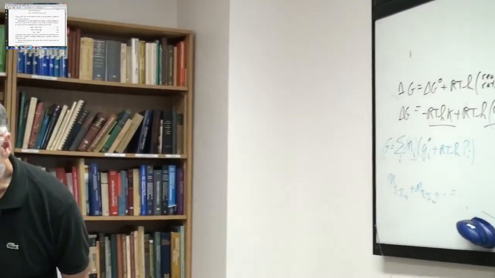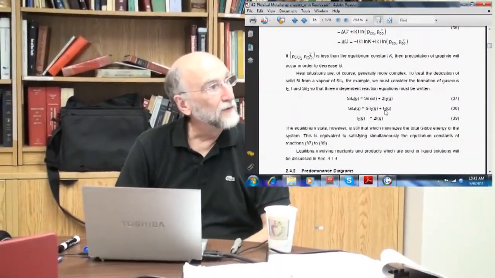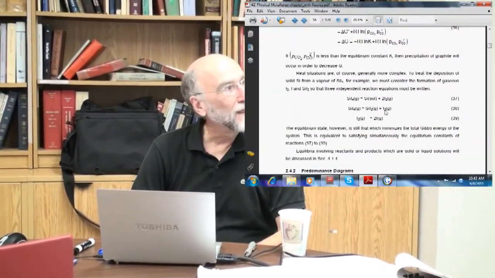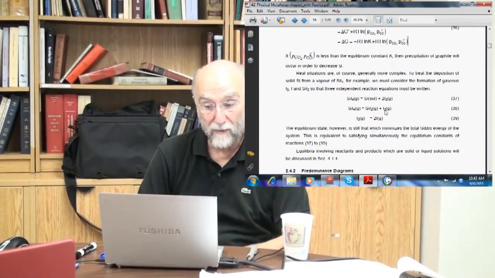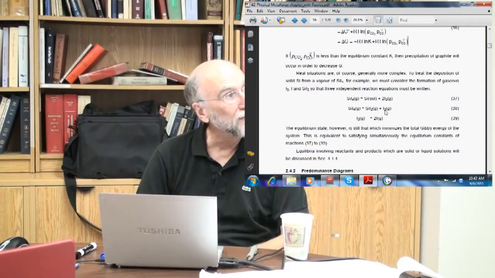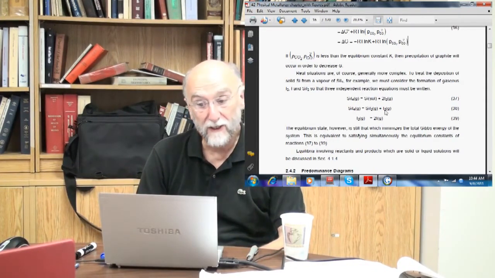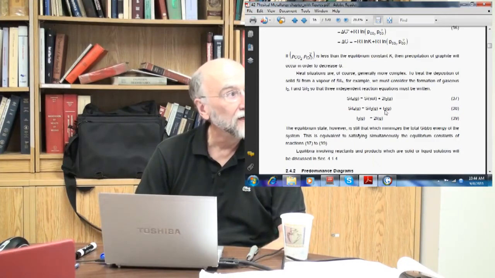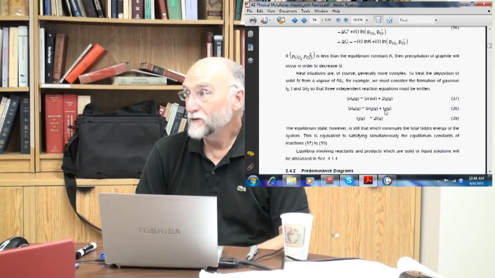In the old way you would write out all the equilibrium constants and solve them to find the overall equilibrium, or you can minimize the total Gibbs energy, in both cases subject to the mass balance constraints. Either way, you end up with the same equilibrium state.